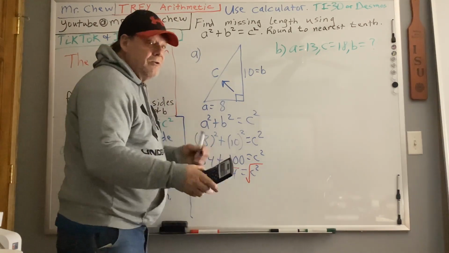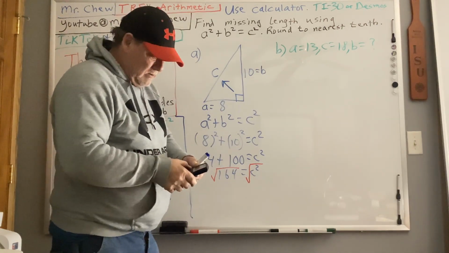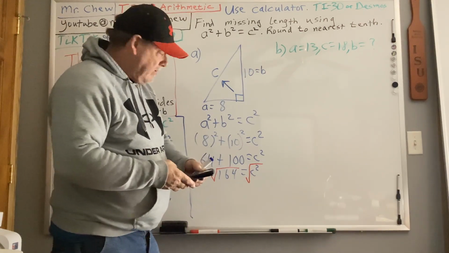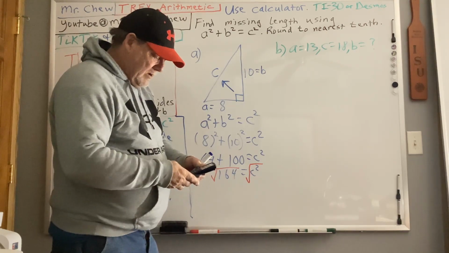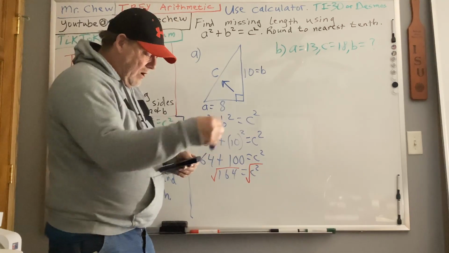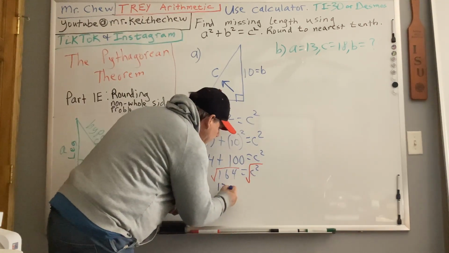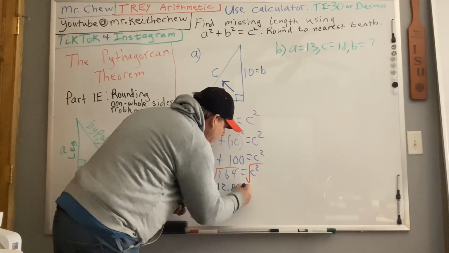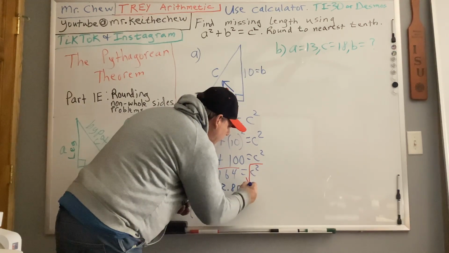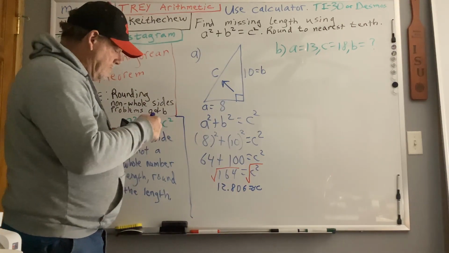On a TI-30, to get the square root key, you're going to have to hit second, x squared, 164, and it gives me 12.806. And that equals C. Now the digits go on and on and on.